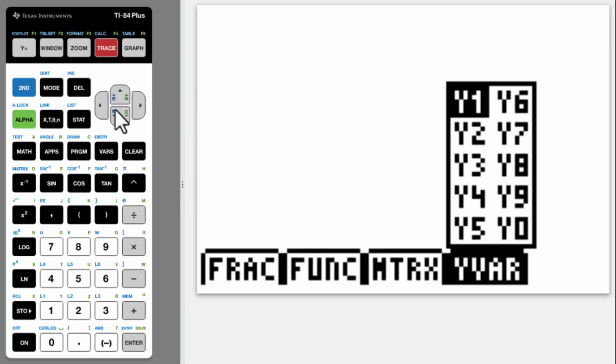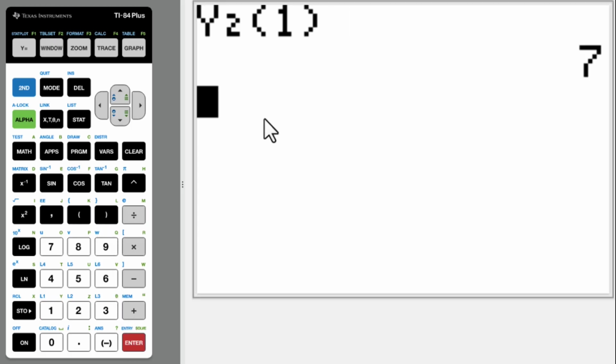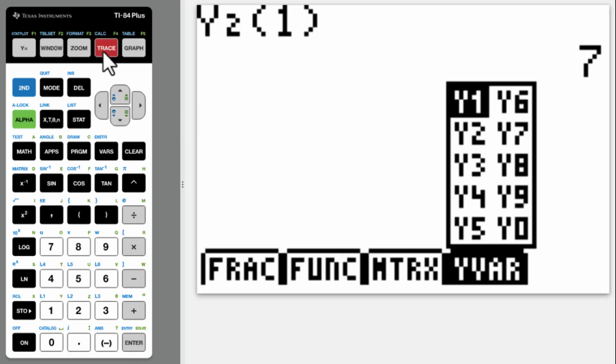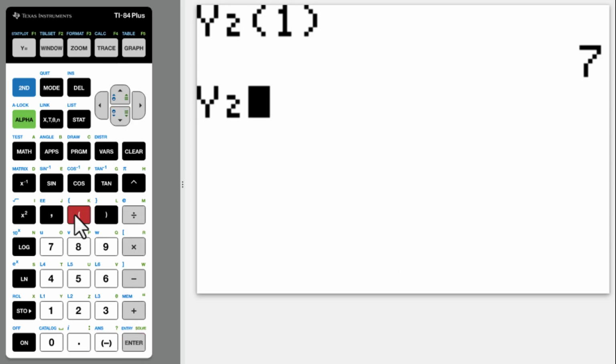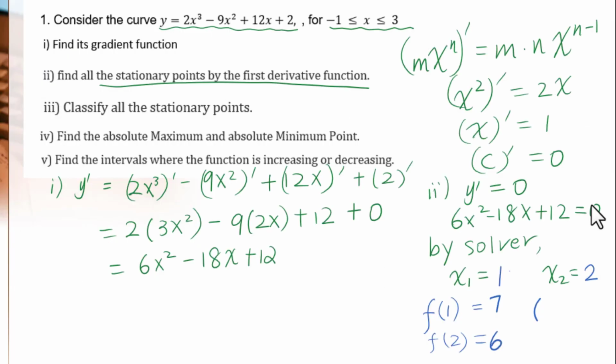Alpha trace, go to y2, enter. Parenthesis 1, we do the substitution. We get 7. Alpha trace, y2, we put 2, enter, we get 6. The coordinates for the stationary points are 1, 7 and 2, 6.